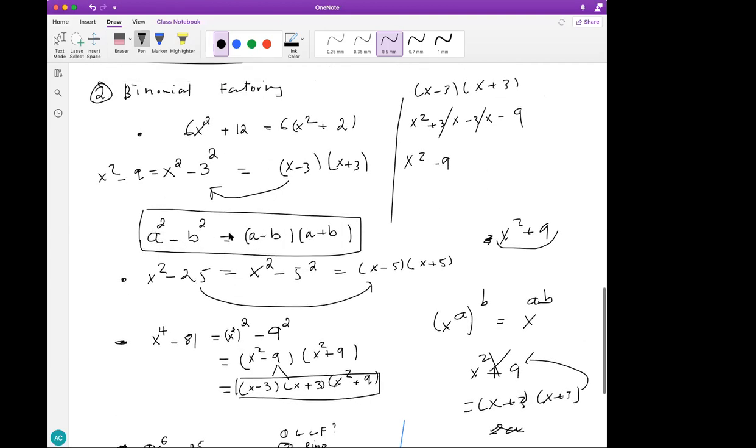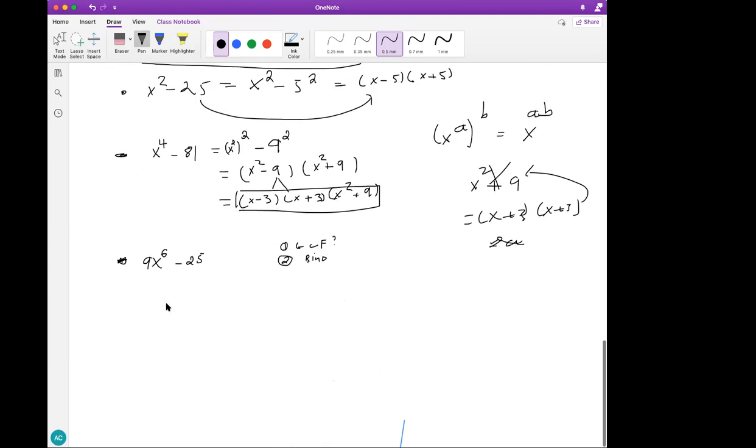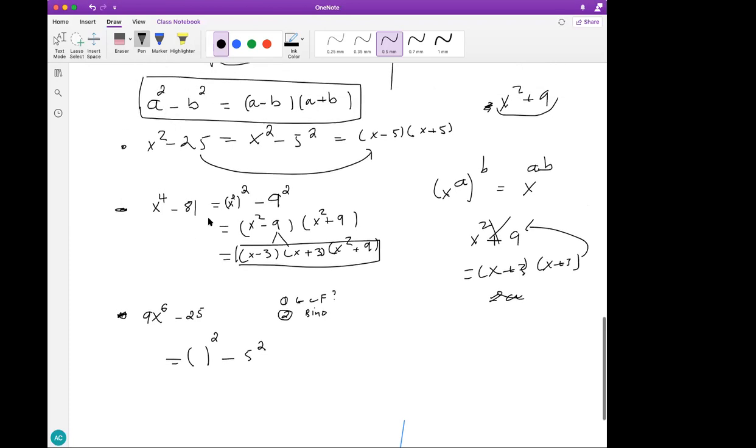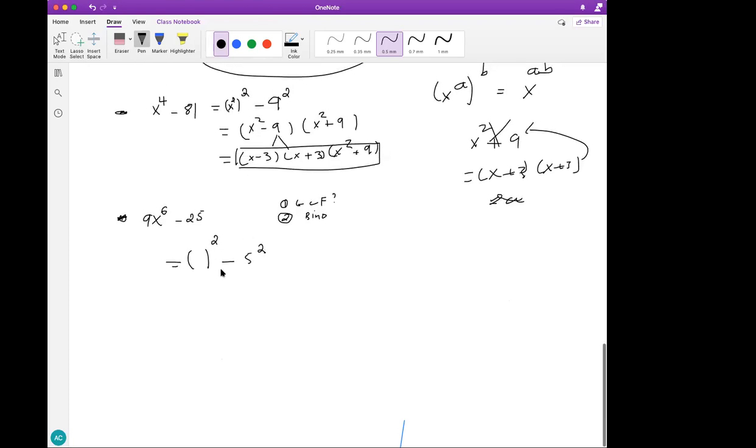Let's make this look something like this. At least we have the minus. That's good. We have a square here. 25 is 5 to the second. Let's try to write this as something squared. Once we write this as something squared, we have our formula. So we have the squares we need and the minus. At least for 9, how do you write 9 as something squared? So 9.